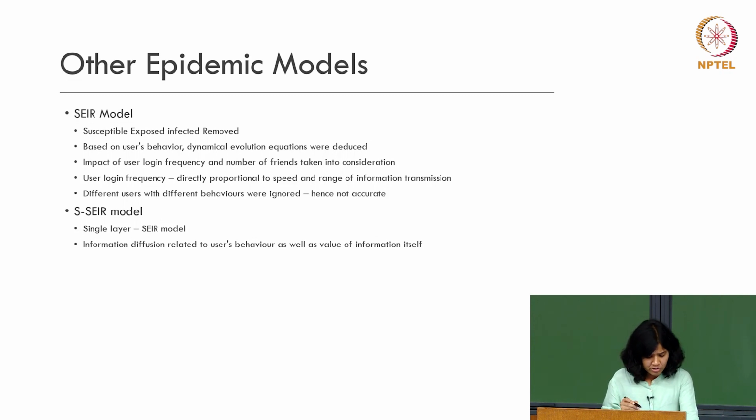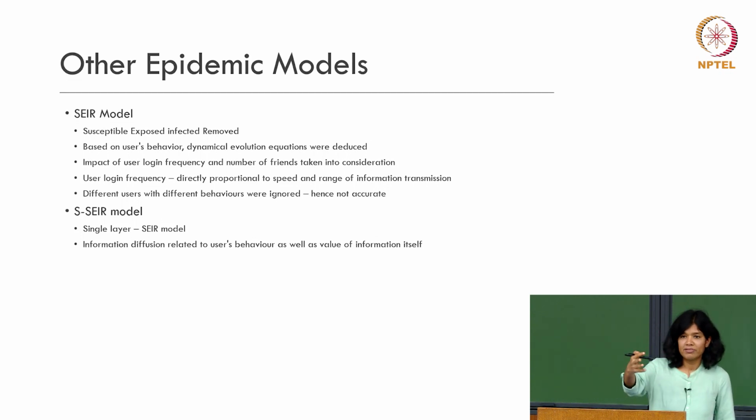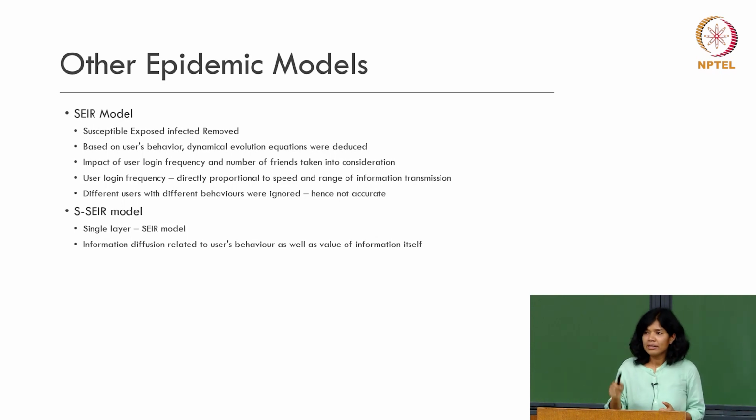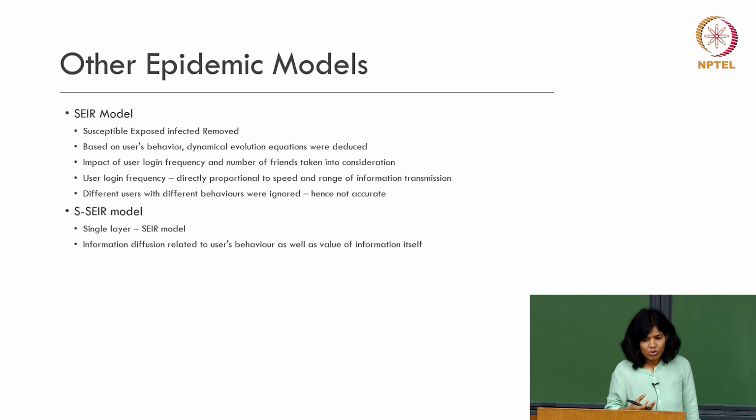Then there is another, a single layer SCI model. So far, in all of these epidemic models, COVID will spread from one person to another, and if you're susceptible, you may get infected. But with information, I will get infected only if I am interested in it and I value that information.